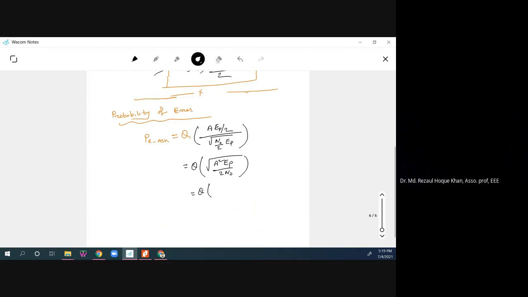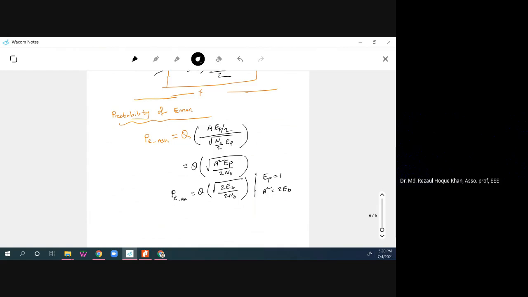Now here we find E_p equals, we know, A squared equals twice E_b. We will replace it. So by replacing, the new P_E of ASK will be the square root of twice E_b by 2 N0.